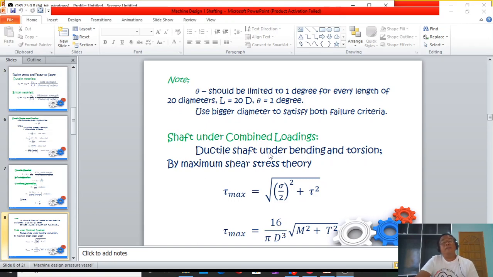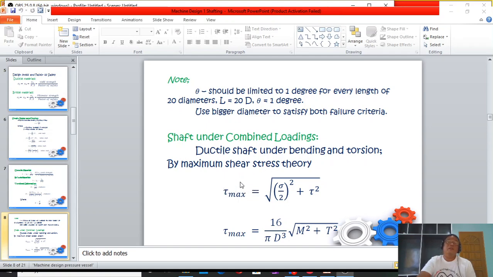Knowing that the shearing stress equals 16T over pi d cubed, and the flexural stress equals Mc over I, substituting those equations here, you will get tau max equals 16 over pi d cubed times the square root of M squared plus T squared.